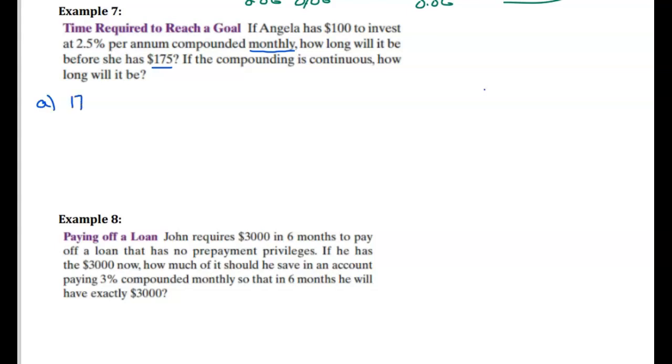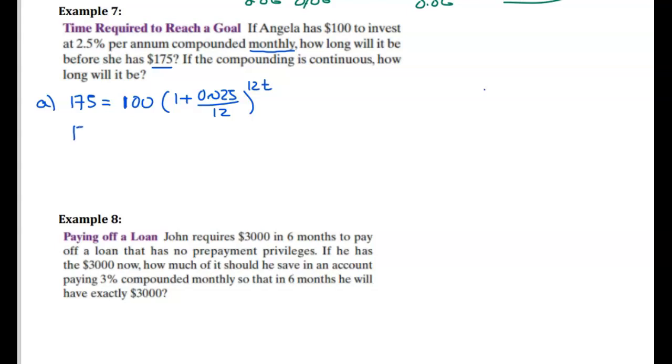So she wants $175. So we want to figure out how long. She starts with $100. So we have 1 plus r over n, so 0.025 divided by monthly, that's 12, and then 12 times time. Right, so we got to figure out the t.